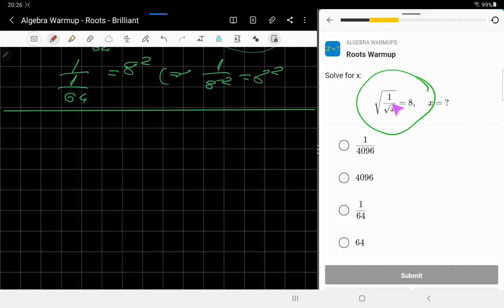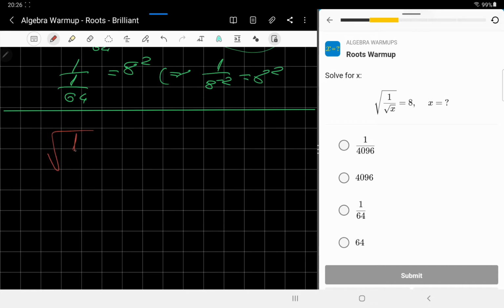We are given the square root of 1 over the square root of x equals 8. x equals what? So let's transcribe this.